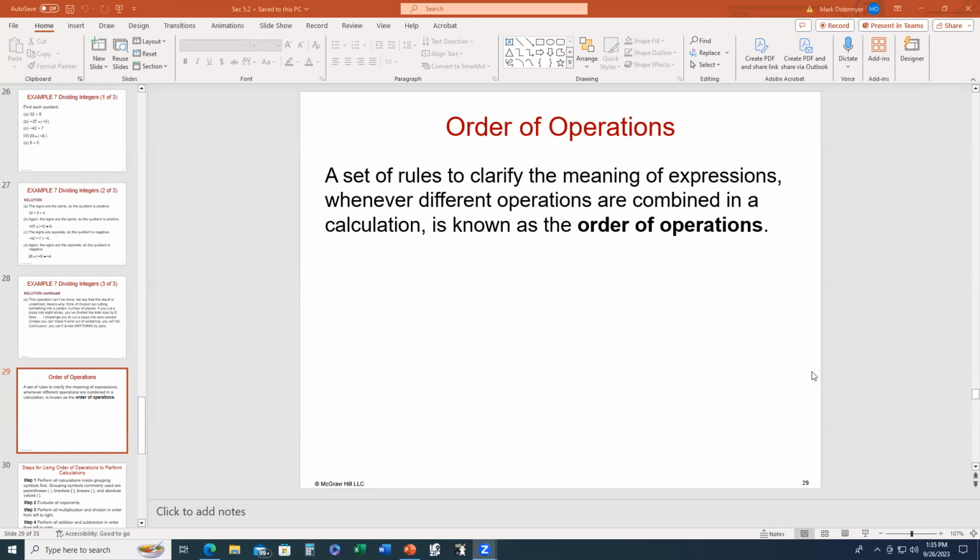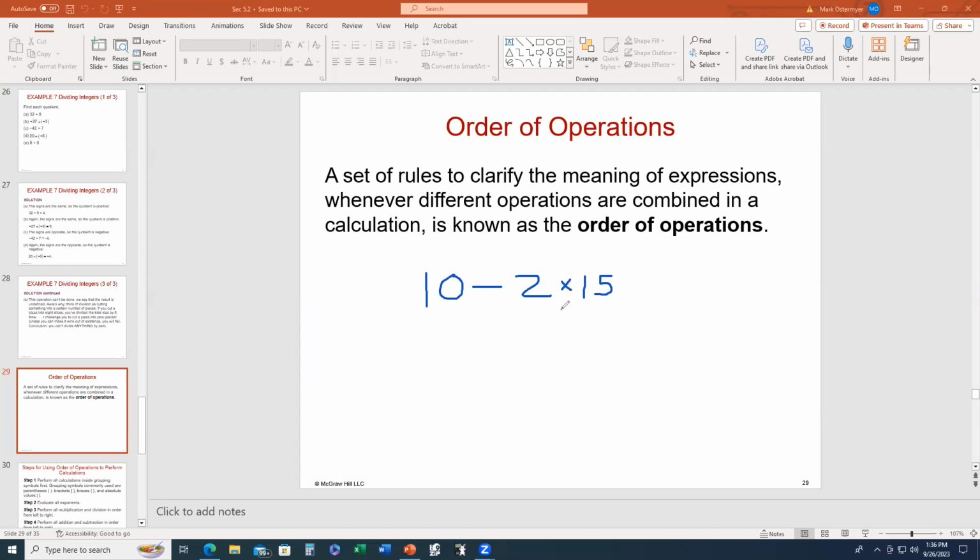Order of operations is pretty darn important because if I gave you a problem like this, 10 subtract 2 times, let's say, 15.